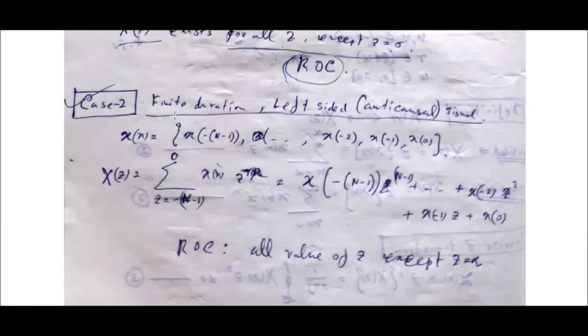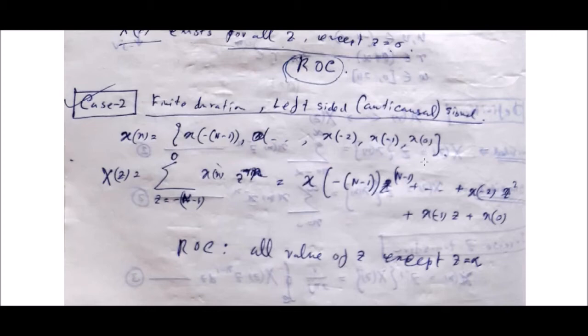Similarly, if you examine an infinite duration left sided, that means anti-causal signal, then what will be your signal sequence? x[n] will start from x[-N+1] and it will end at x[0].